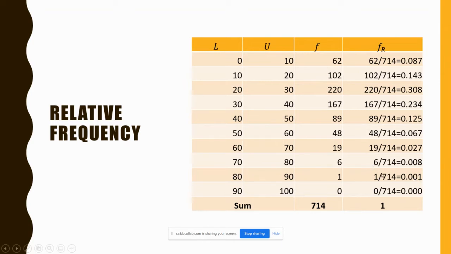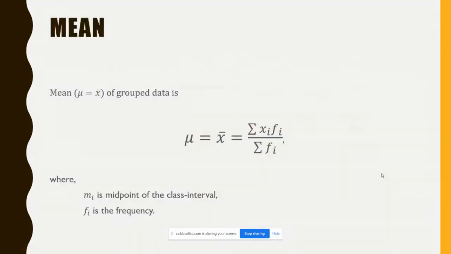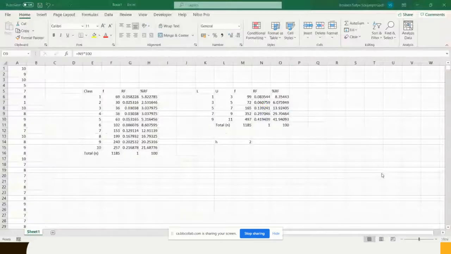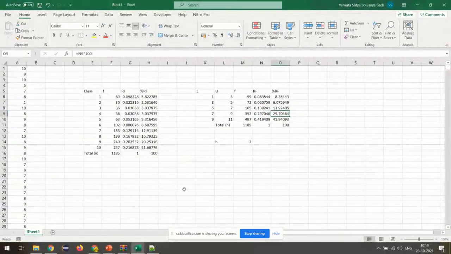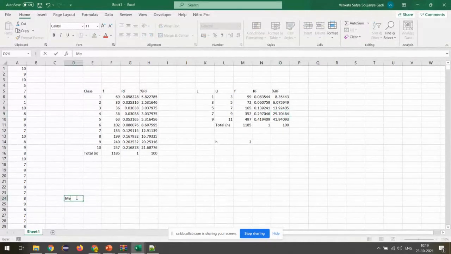Okay, very nice. So now let's go to the next topic, which is mean. How do we calculate the mean? We know how we calculate the mean, by applying average, right?